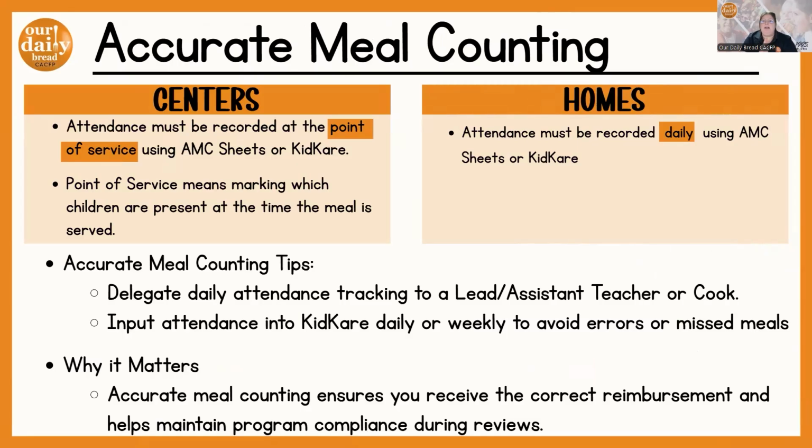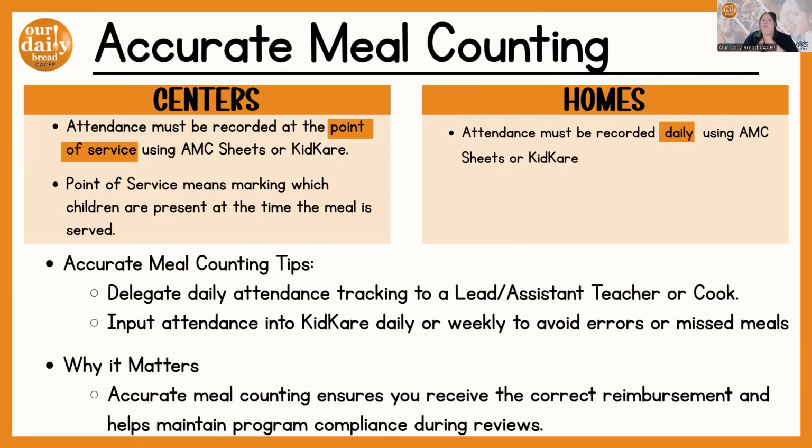And now we'll talk about accurate meal counting. We'll start with centers. Center attendance has to be recorded at the point of service, whether that's using AMC sheets or KidCare. And point of service just means you're marking which children are present at the time the meal is being served. And then for homes, attendance must be recorded daily using AMC sheets or KidCare.